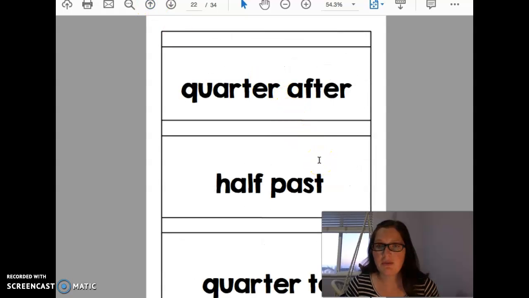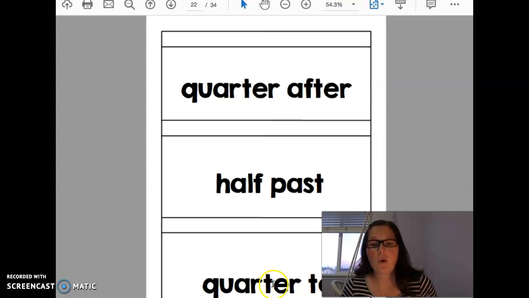You have quarter after, remember that's going to be the 15 minutes. Half past, which is going to be on the 6, or half an hour, 30 minutes. And then we have quarter to. So this one's going to be the one where it's quarter to the next hour, or the 45-minute mark on the 9. So hopefully that will help you with putting those in your notebooks, and good luck.